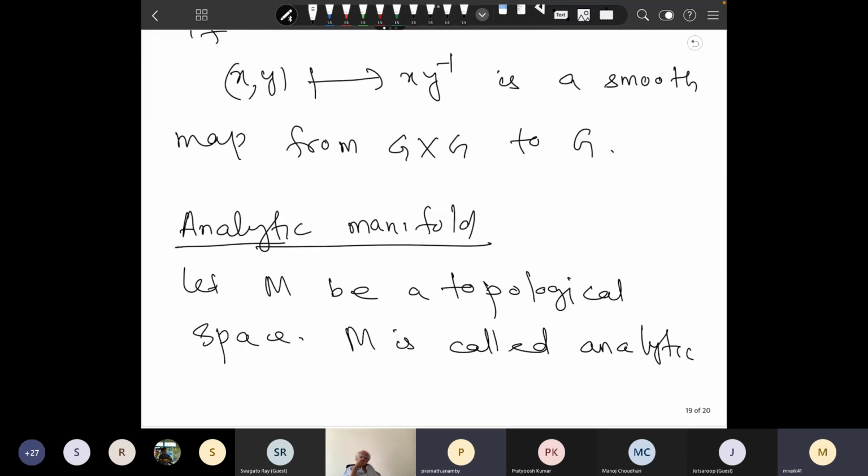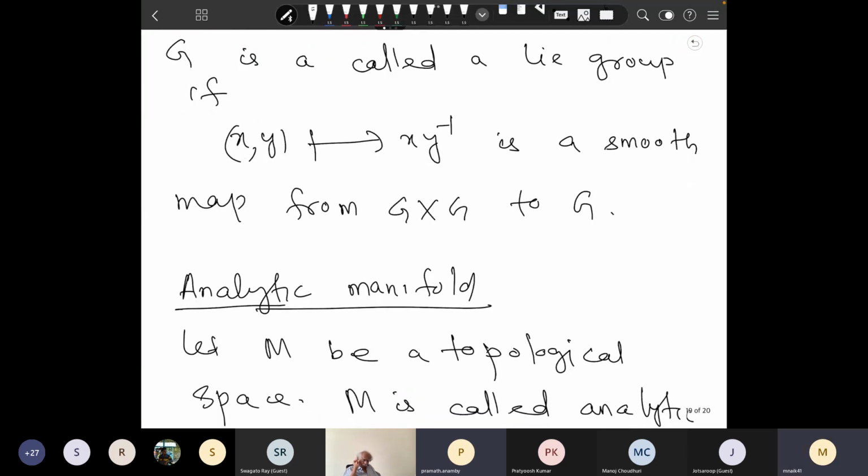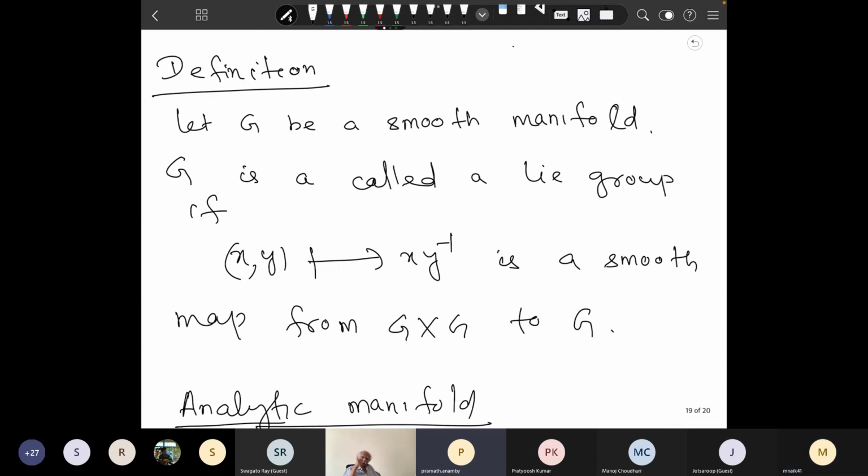It is known that if G is a Lie group, then there is an analytic structure and the group operations are also analytic. It is a very strong statement that a Lie group has an analytic structure, and the multiplication map is analytic and the inverse map is also analytic.